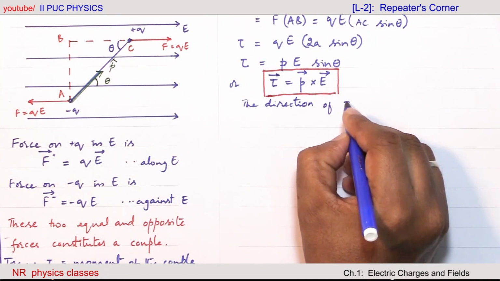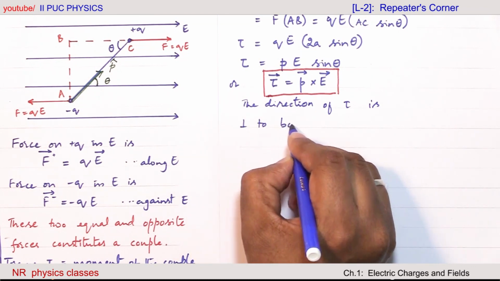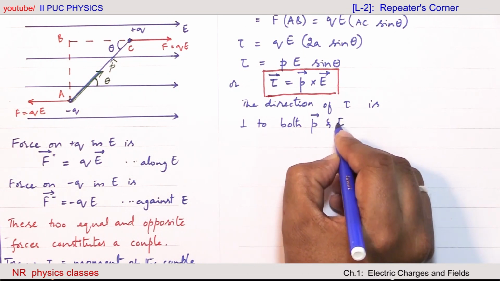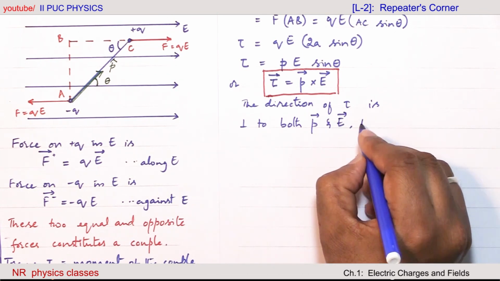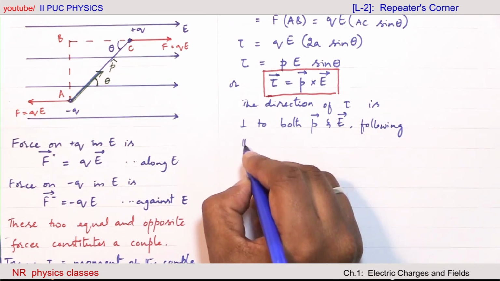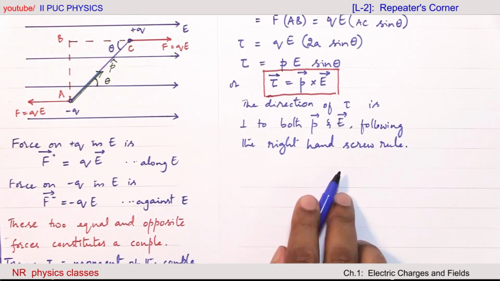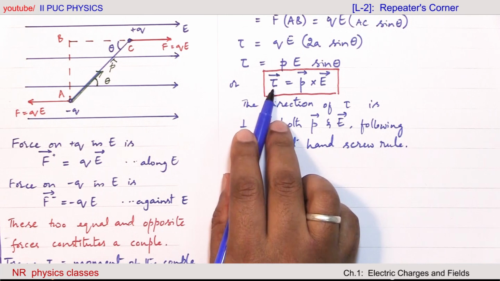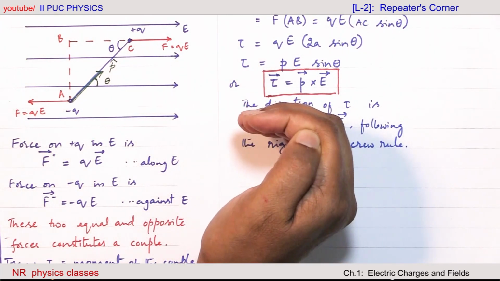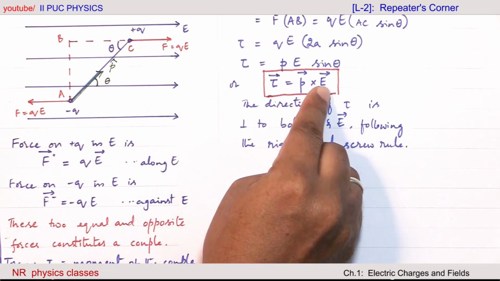The direction of tau is perpendicular to both vector P and vector E, following the right hand screw rule. Now, the simplest way of finding the direction of tau: make sure that the curvature of the right hand forefingers is from P to E.